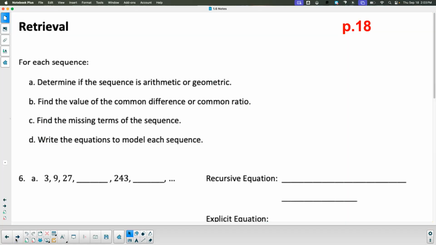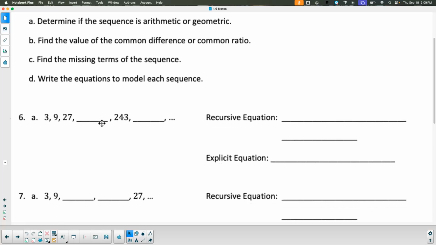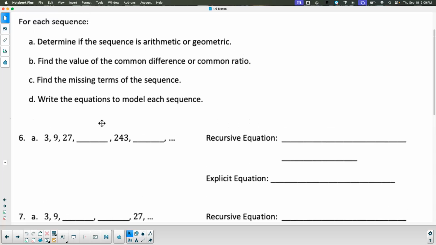I'll give you 5 minutes. So the first question that was asked was, we need to determine if the sequence is arithmetic or geometric. Can someone help me with what an arithmetic sequence is?